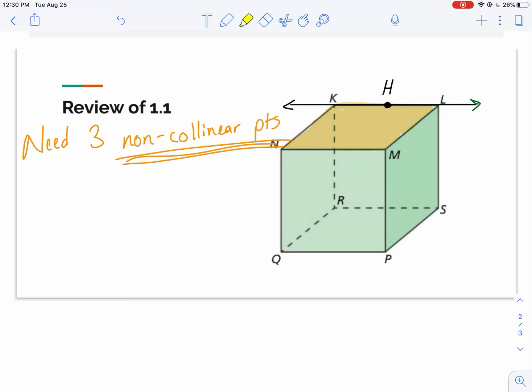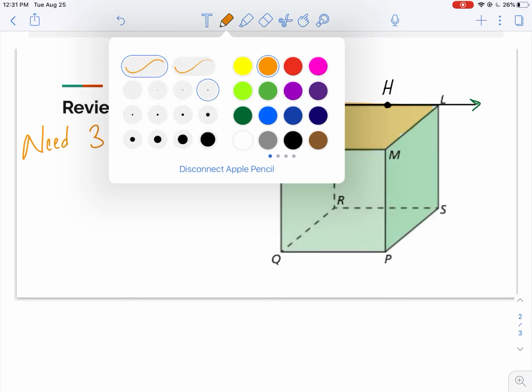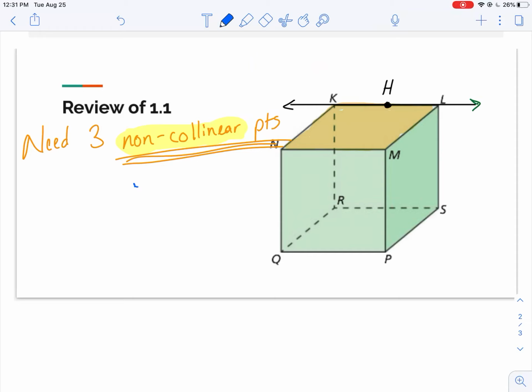This is the big key word, non-collinear. Coplanar means on the same plane. Collinear means on the same line. So non-collinear points means 3 points that are not on the same line. That's what we're looking for here.